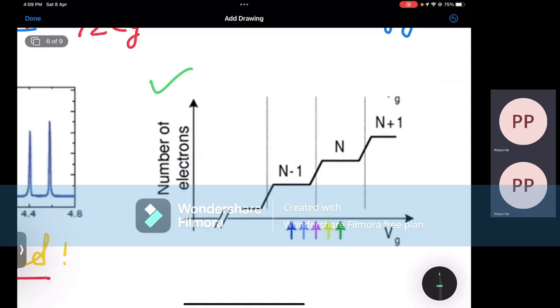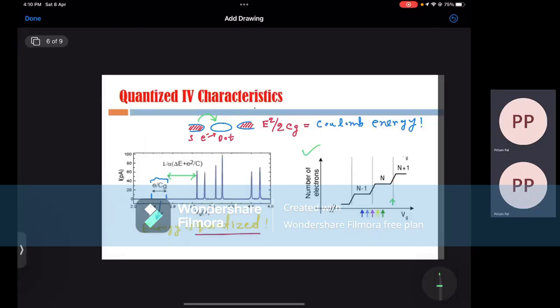Now, if we want to add one more electron here, we want to make the number of electrons n plus one. Then this happens only when a suitable voltage is supplied, like this. Only when a suitable extra energy is applied to the electron will the transition happen. So now I'll move to the next slide.